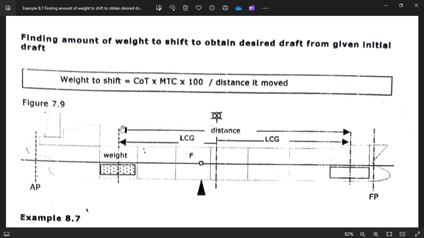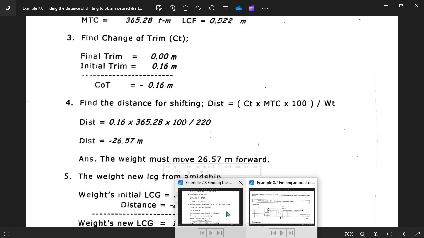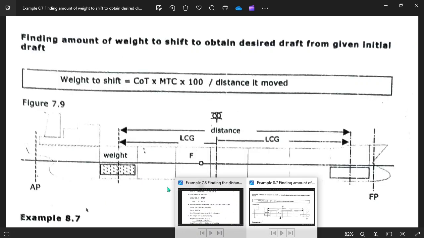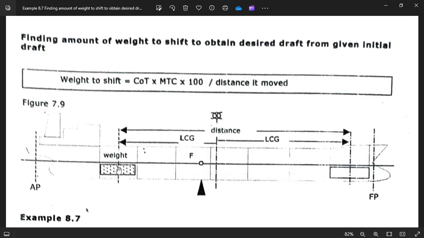So it means from this point here, you move forward about 26.57. So from this point, you move the weight about 26.57. Let's say somewhere around here.